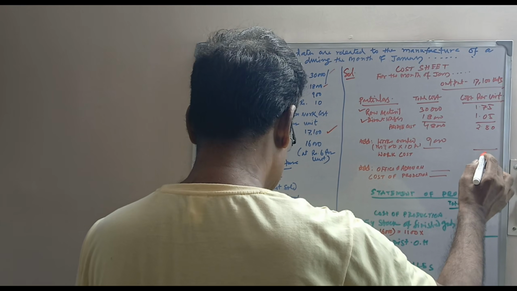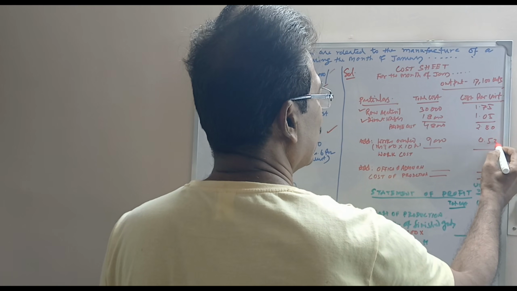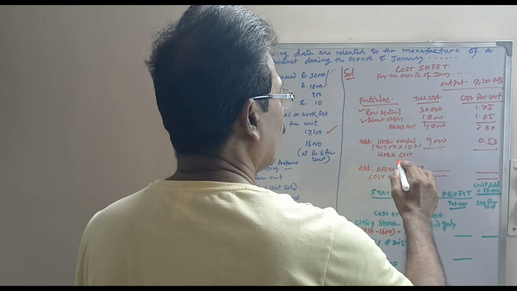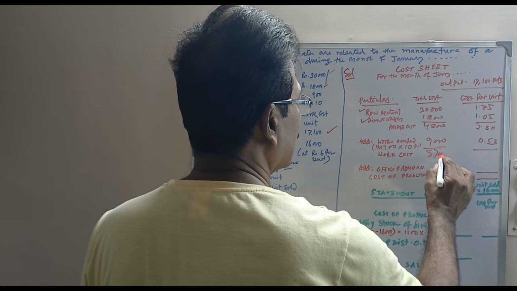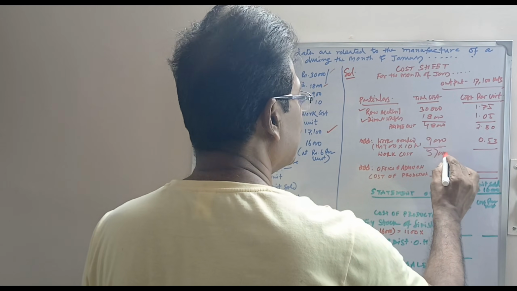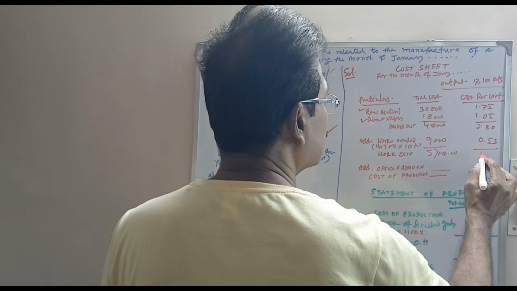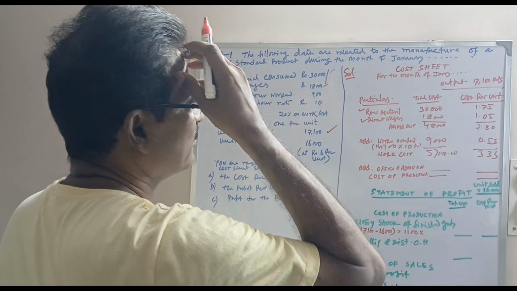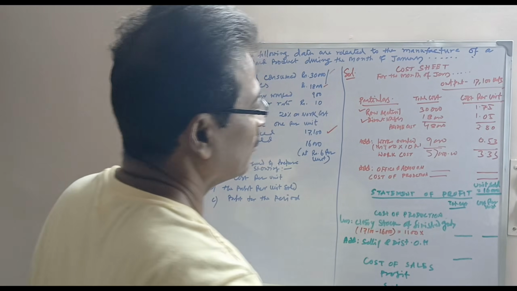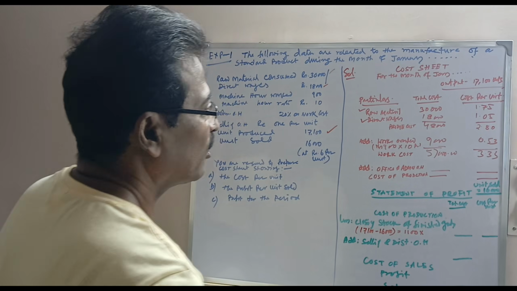We divide 9,000 by 17,100, it will come out 0.53. So works cost, if you add this, will come to 57,000, and per unit works cost is 3.33. This is division by 17,100.